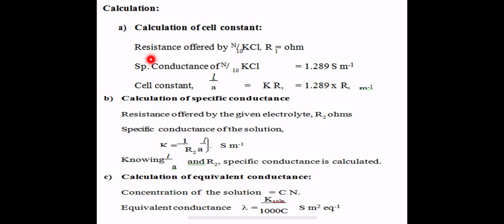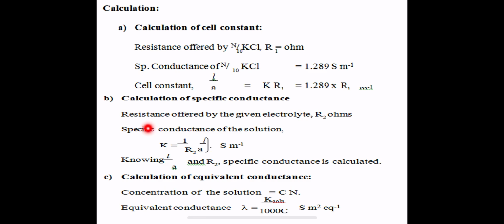From the equation, the resistance offered will be known, which is called R1, and the specific conductance of KCl is the known specific conductance, 1.289 Siemens per meter. The cell constant L/A equals the specific conductance into R1. By substituting these values, we can calculate the cell constant.